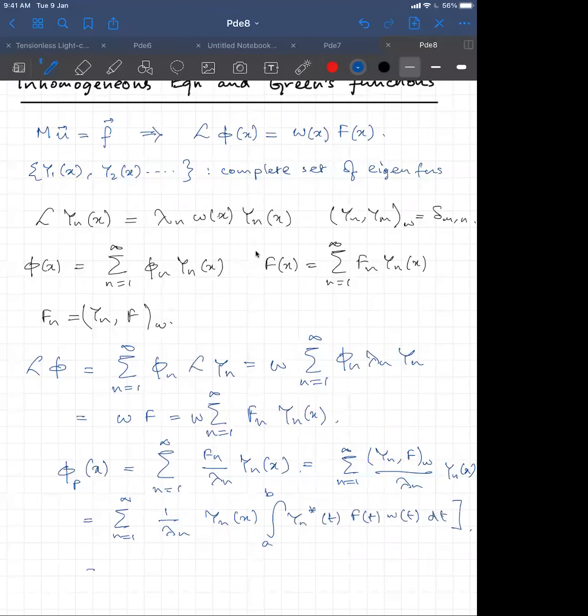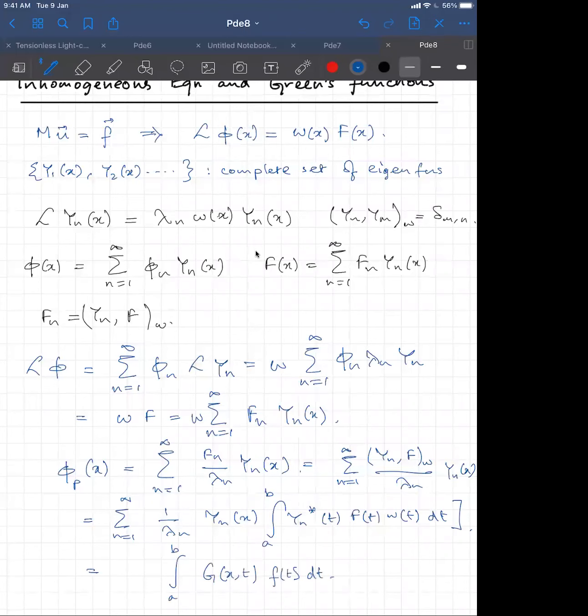This is the integral from a to b of g of x, t times f of t dt. We will call this g.